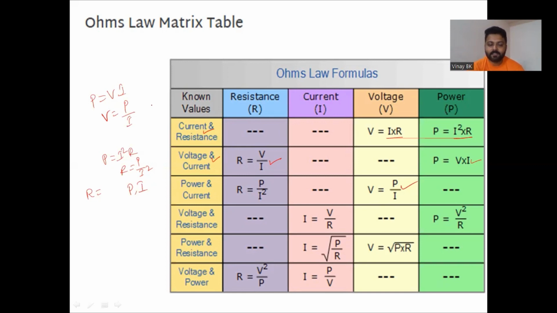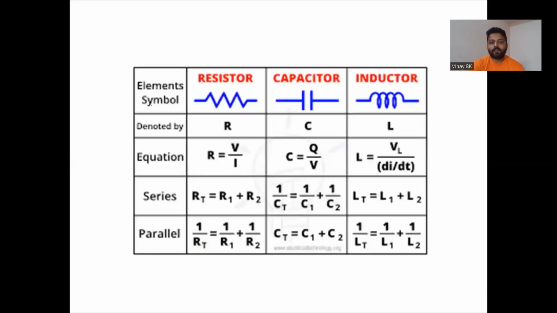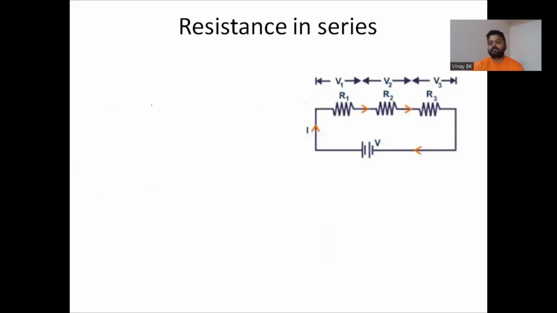And next, if you are connecting a series parallel combination, I'll explain that later. First you see resistances in series. Let us consider three resistors, say R1, R2, R3, which are connected in series across voltage source V, and current starts to flow.